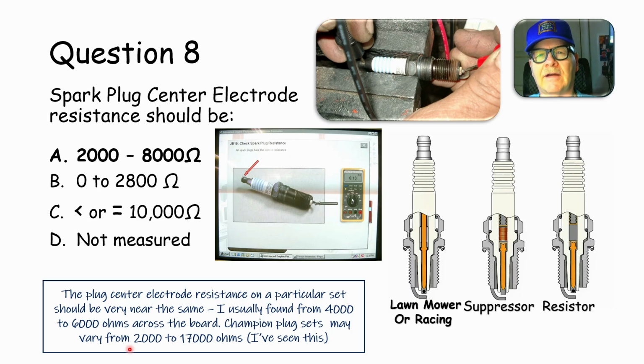And for the fun of it, the next time I got a set of Champion spark plugs, which when I'm working on a Chrysler or something that came with Champions in it, I would put Champions back in it, I laid out a whole brand new set of Champion spark plugs on the bench, and I measured each one of them, and they were all over the map, from like 2,000 to 17,000 ohms and everywhere in between. So no wonder the guy didn't want us measuring those things.